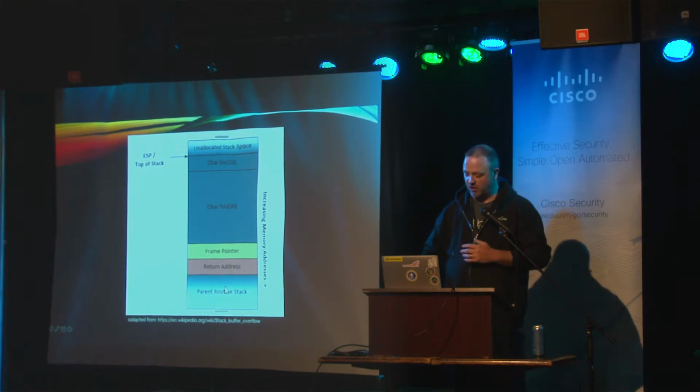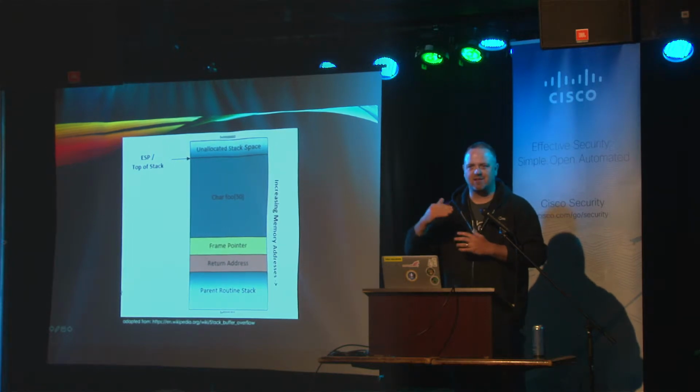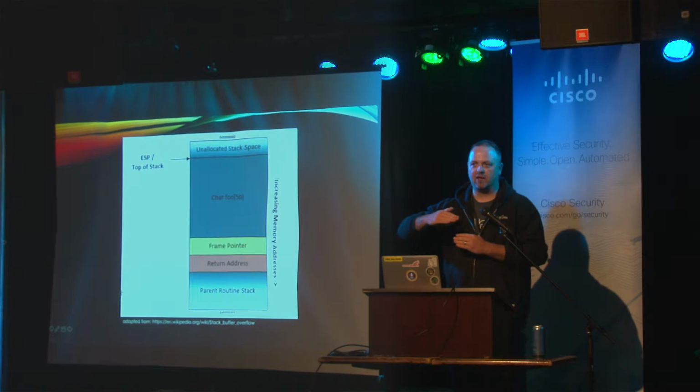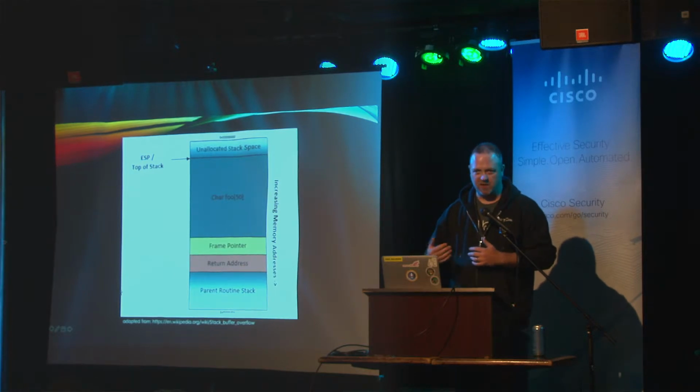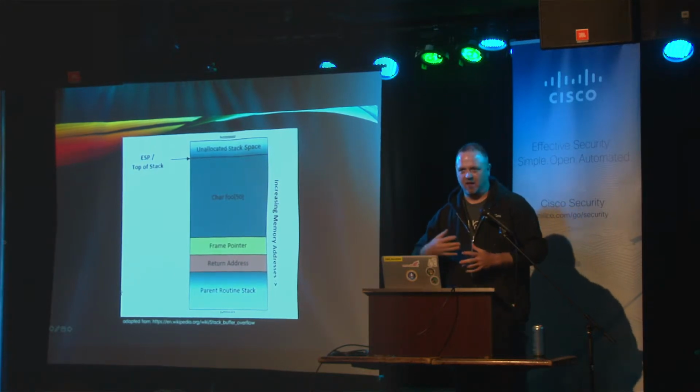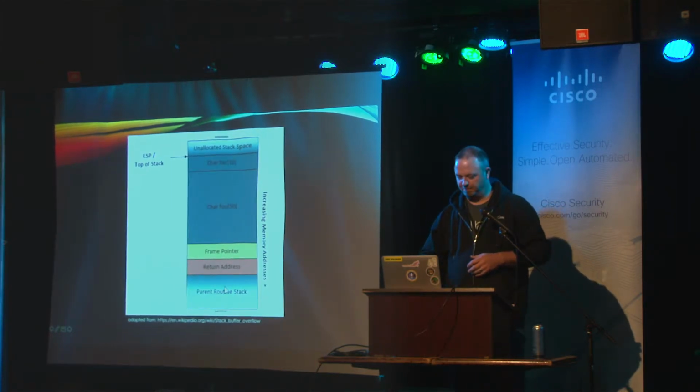In a similar fashion, if we pop bar off the stack, because the stack is this last in, first out kind of model, so if you push something on the stack, you have to pop it off before you can get to other things that are below it on the stack. So we pop bar off the stack, and now ESP is pointing to this location. So you have an idea of what's happening with ESP, and you'll understand why this is important in a bit.